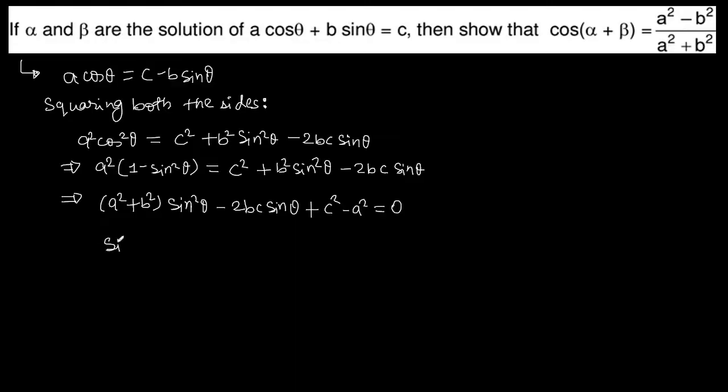So sin theta could be minus b plus minus root under b square minus 4ac.